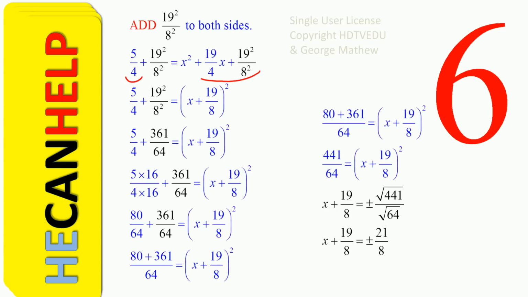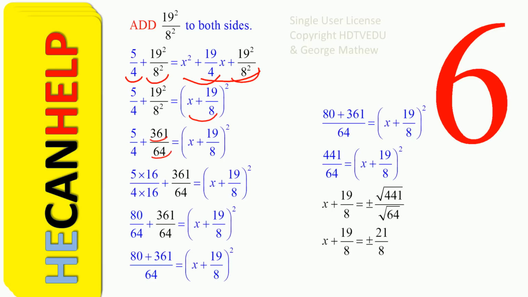So when we do that, we had 5 over 4 from before. We added 19 squared over 8 squared. We had x squared plus 19 over 4x from before. Now we add 19 squared over 8 squared. And the right side is nothing but x plus 19 over 8, the whole thing to the power of 2. And what is 19 squared? 361.